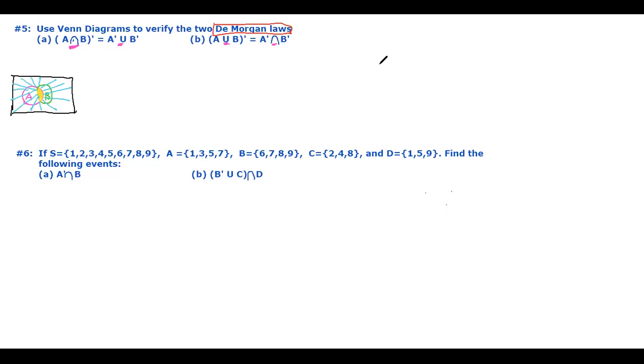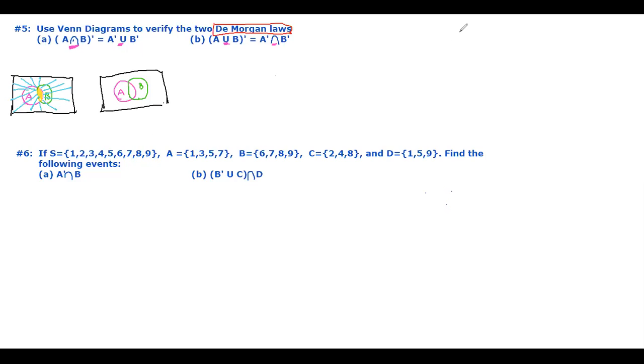Okay, so now let's take a look at my right-hand side. Is it giving me the same thing or not? This is my A, and this is my B. The first thing they say is A complement.